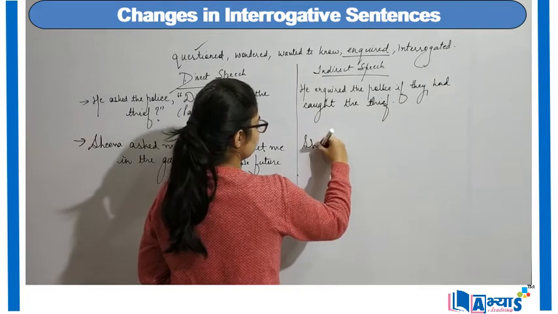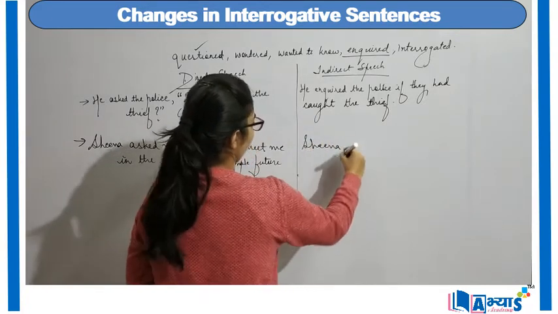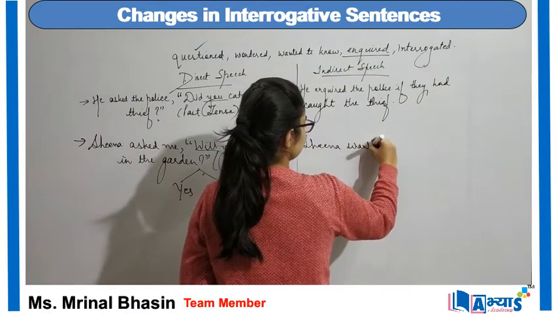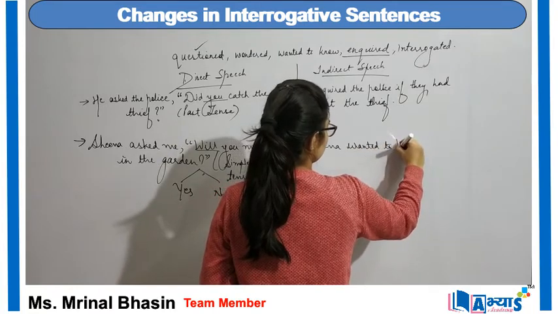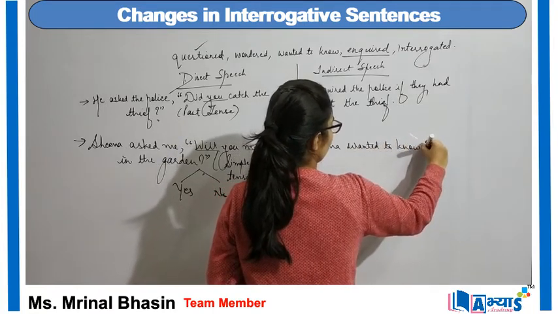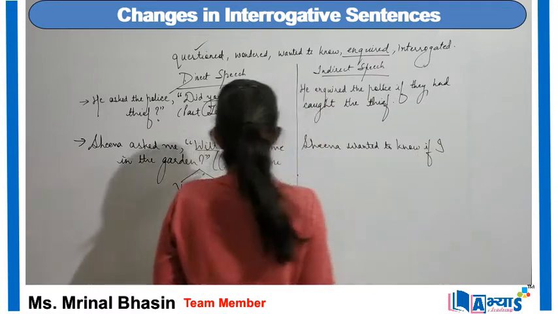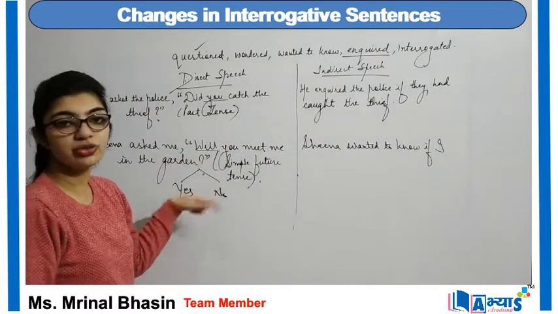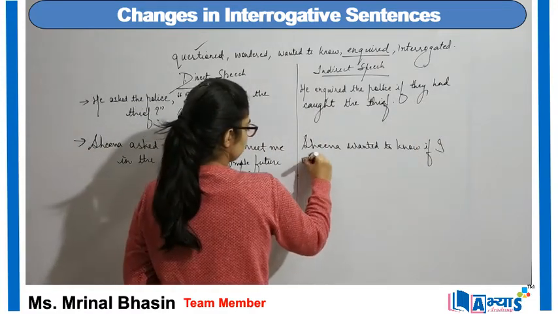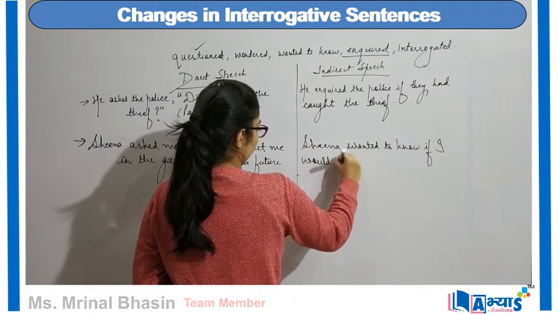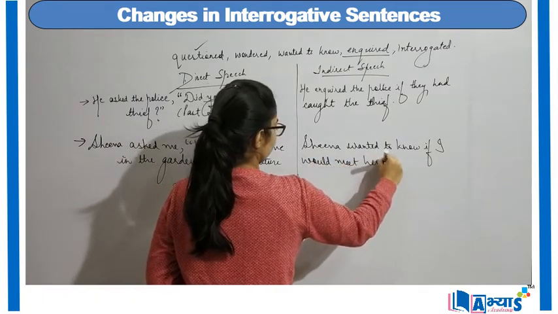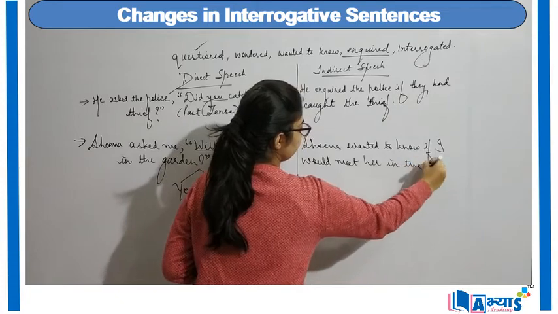So my sentence: Sheena wanted to know if I would meet her in the garden.